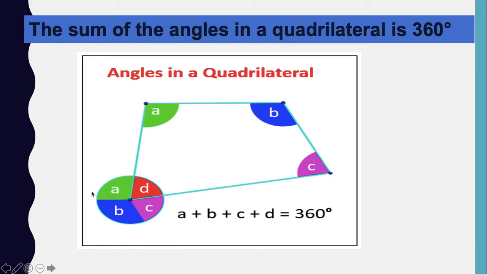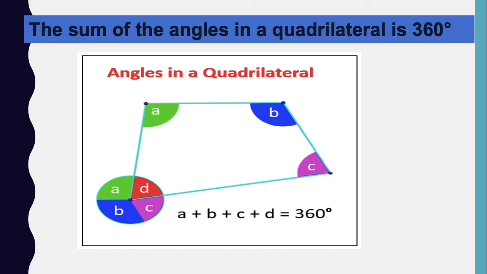The same thing I have given here with another diagram. See, this is similar to another property, that angles at a point add up to 360 degrees. That we discussed as a second point in this session.